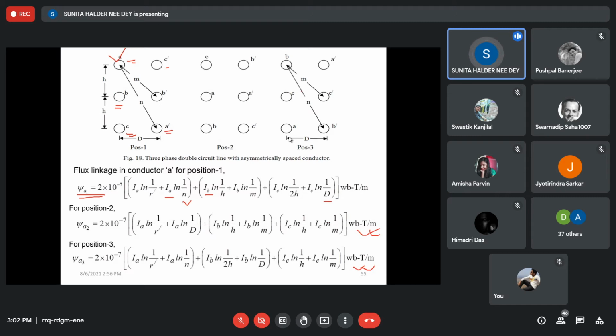Seeing this figure, write this equation yourself after the class, check with these equations, and verify whether you are able to write the expressions or not. For that, the formula I taught in the first class is sufficient: flux linkage in any conductor within a group of conductors where the summation of all currents is 0. Here it is applicable. So you do it yourself.